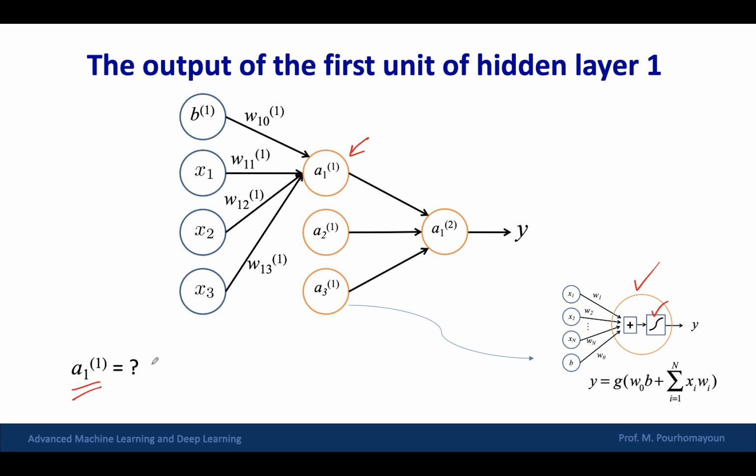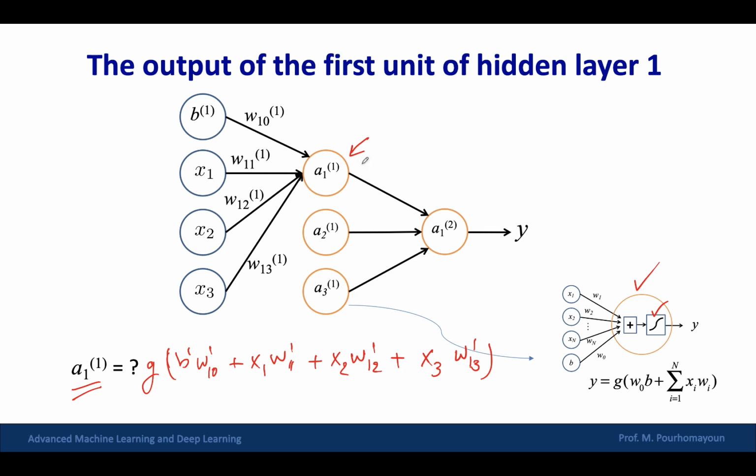So it can be in the form of g of or f of, this is your nonlinear function. Okay, from here we have b1 multiplied by w101 plus x1 multiplied by w111 plus x2 multiplied by w121 plus x3 multiplied by w131. Okay, and then g of the whole thing.